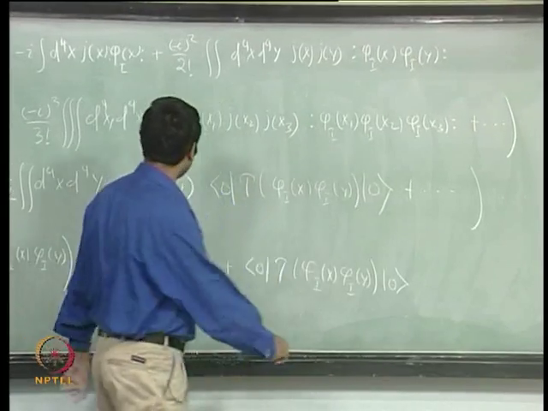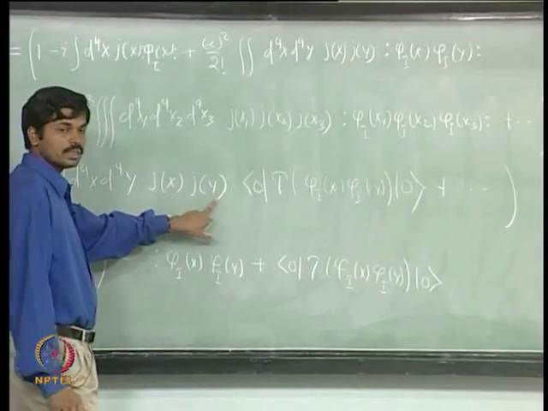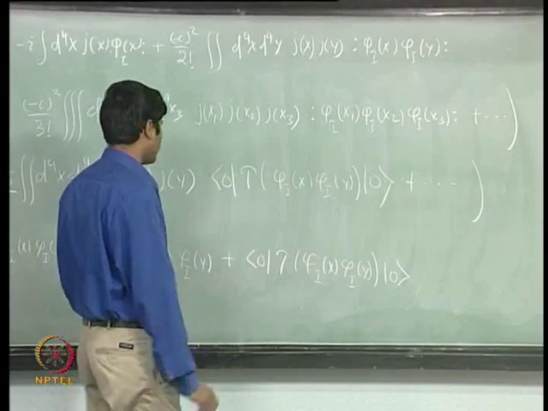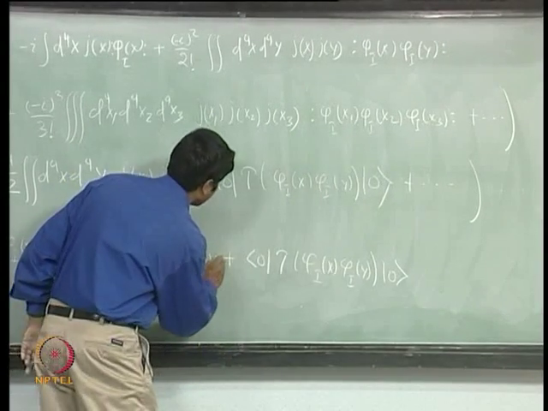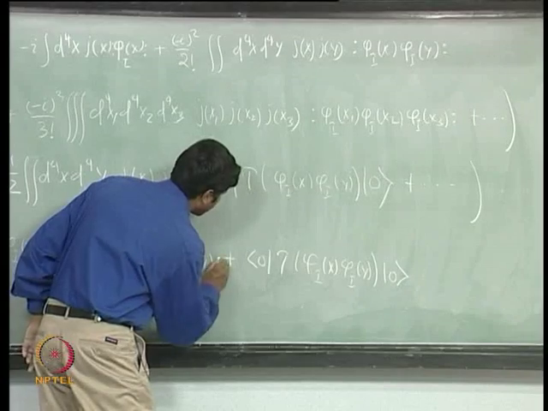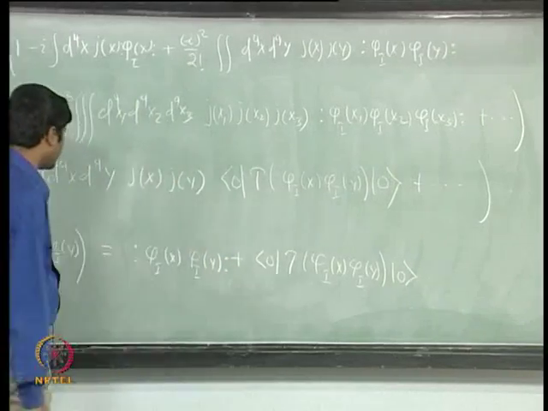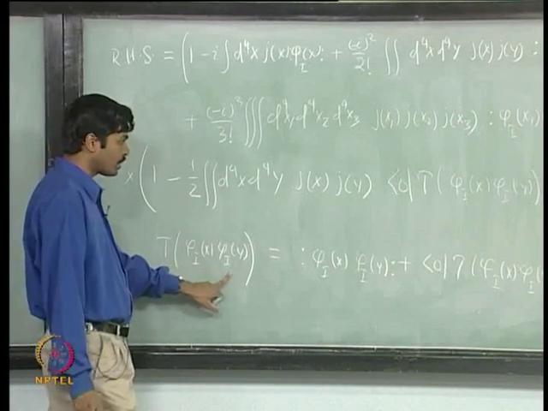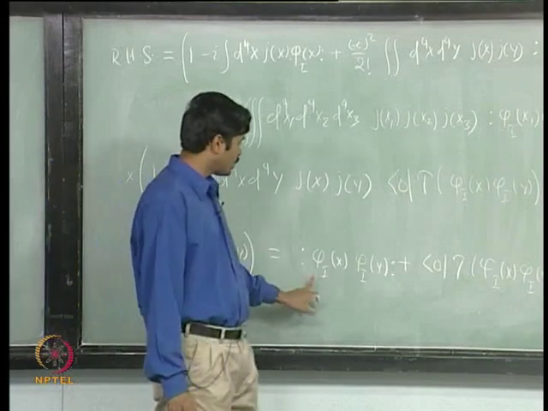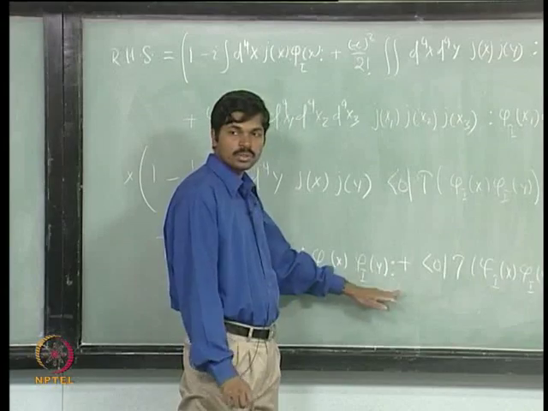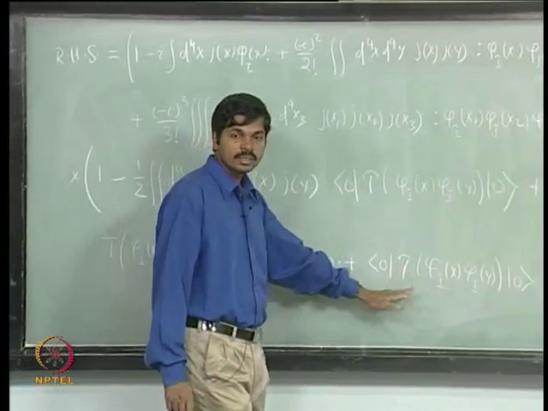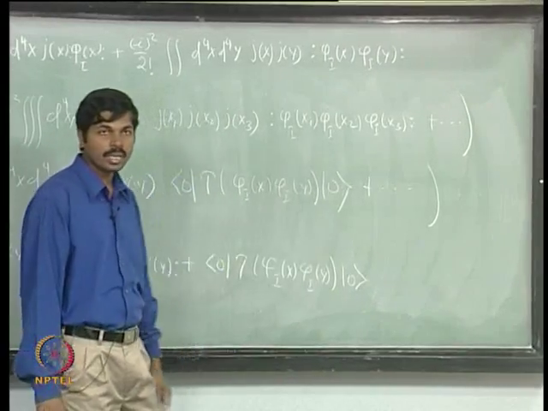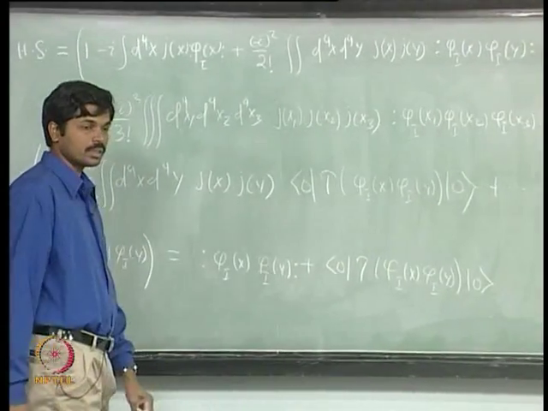There is no other term here which is quadratic in J except this and this term. So, therefore, I have only these two contributions. So, I got an important relation here which relates the time order product of two of the operators in terms of normal order product of both these operators and some C number here which is the vacuum expectation value of time order product of these two operators.